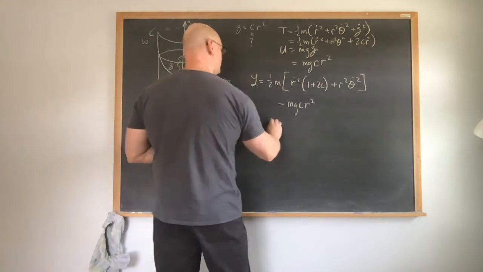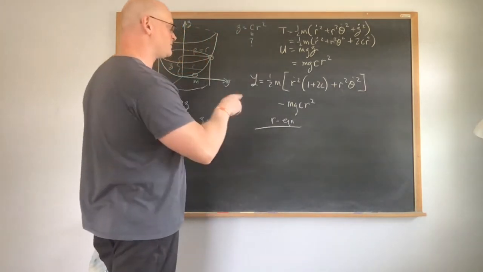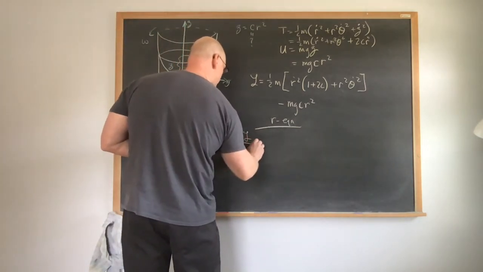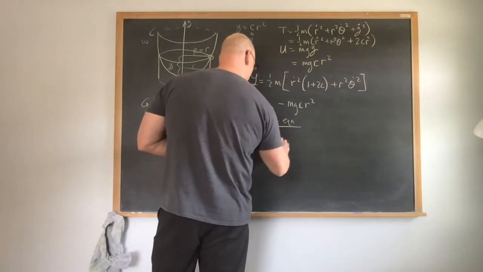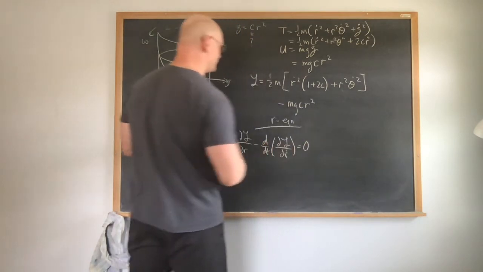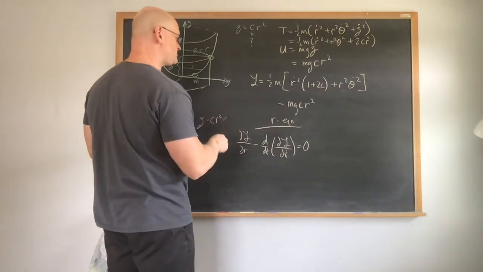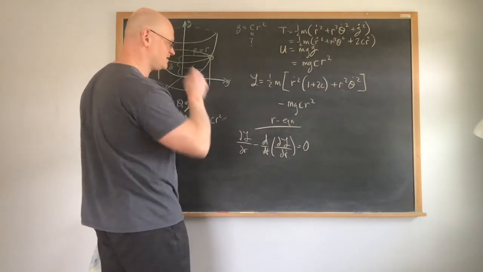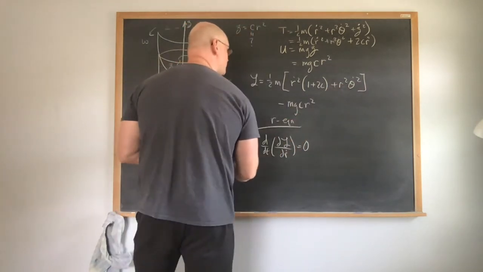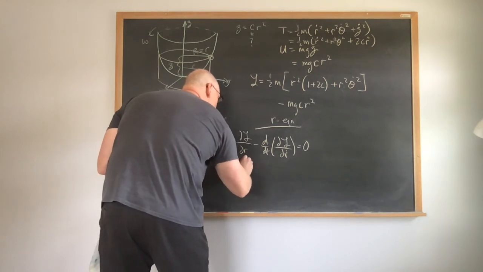So good. So again, let's do the r equation. For the r equation, again, we're going to take the partial of L with respect to r, minus then the time rate of change of the partial of L with respect to r dot, equal to 0. So here, again, we have two r terms. We have this term and this term. So this is going to be the same thing then as m times r times theta dot squared, right?